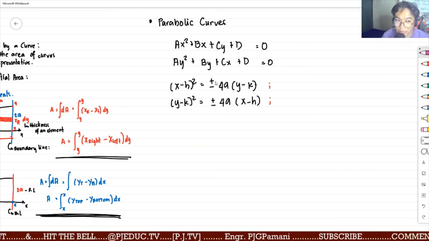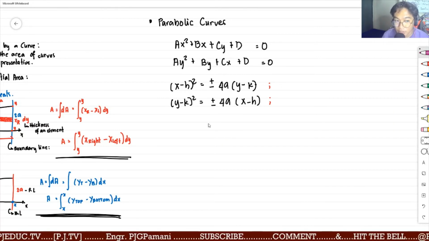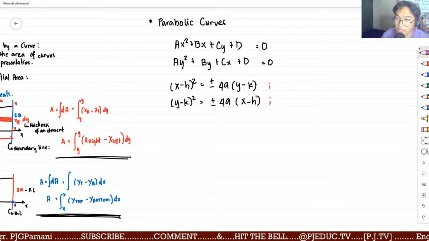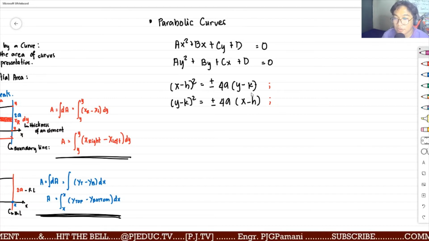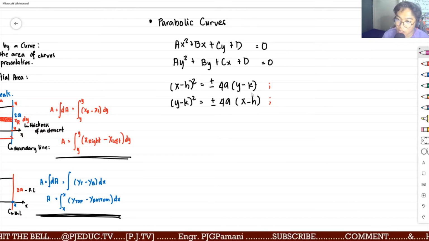Now, the remaining problem is positive or negative. The first equation represents a parabolic curve that is in the x-axis. But how do we determine if it is opening upward or downward?